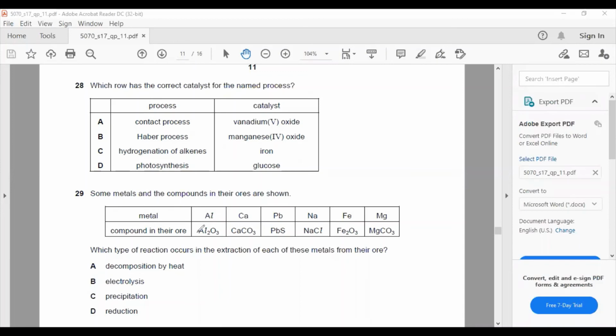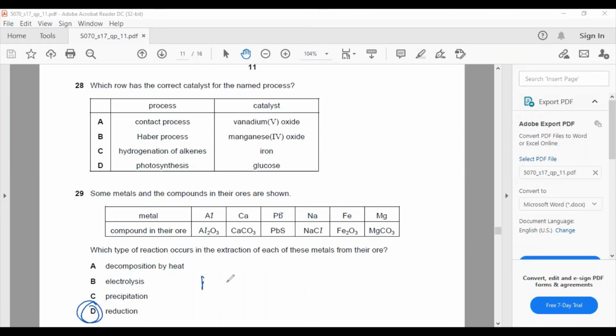29. Which type of reaction occurs in the extraction of each of these metals from their ore? Look, each of these ores. So all is because it's reactive metal, less reactive metal, and iron also moderately reactive metals, but all the metals are extracted by reduction.